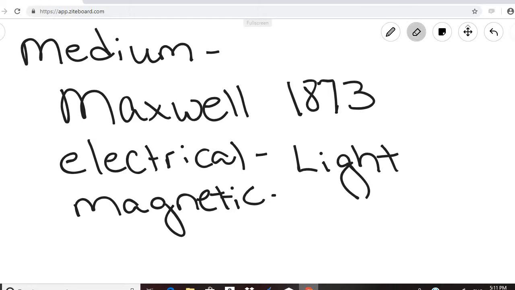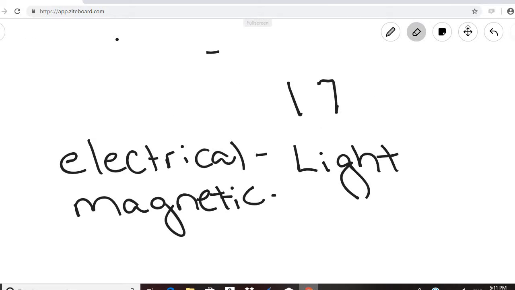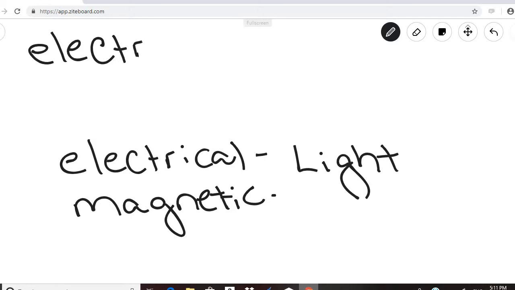So through the development of Maxwell's equations, he was able to show that light is really an electromagnetic wave.